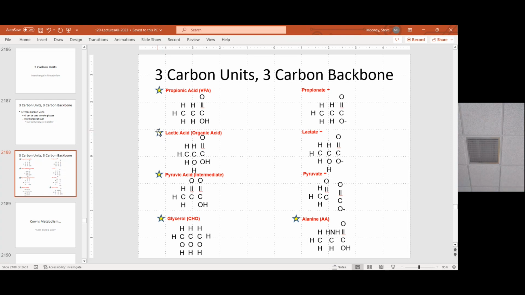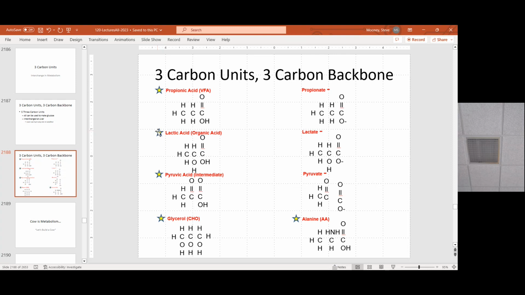So these other ones, these are acids. Lactic acid still has the proton, lactate has lost the proton. We tend to use these interchangeably, but they're at a chemical level different.